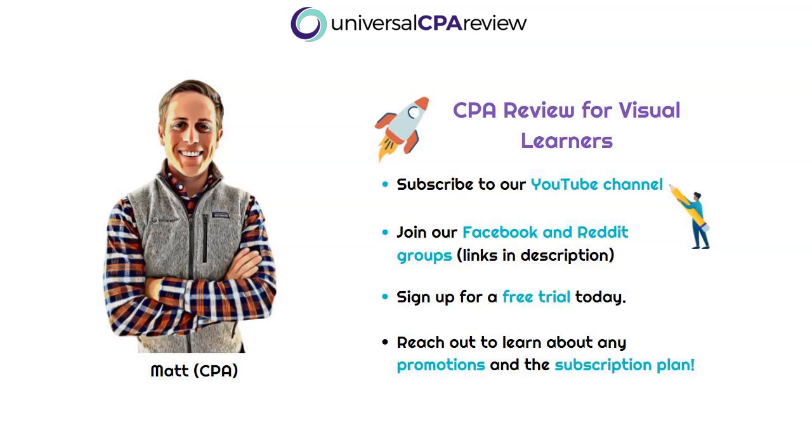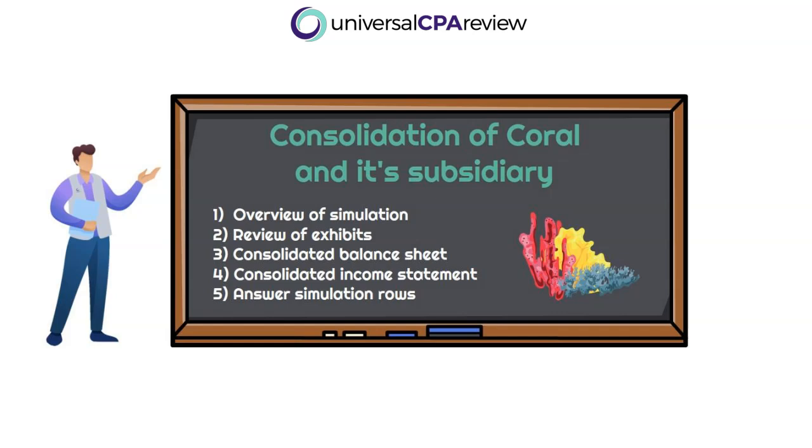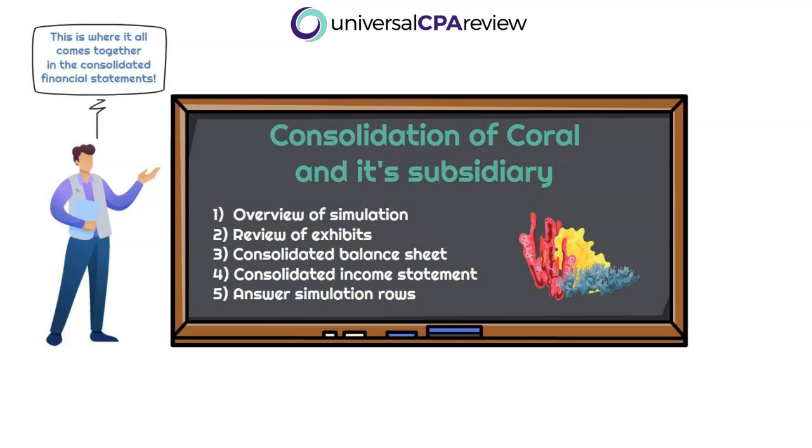So are we ready to go? This video will walk you through how to prepare the consolidation of Coral and its subsidiary. Now you've learned about the acquisition method and how to eliminate an acquired subsidiary. You've learned about intercompany transactions, and now it's time to understand how to pull together and prepare the consolidated statements for the parent company, which is Coral here, and its subsidiary.